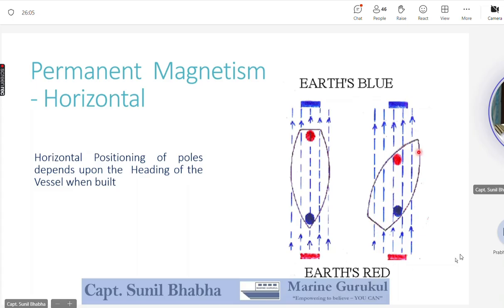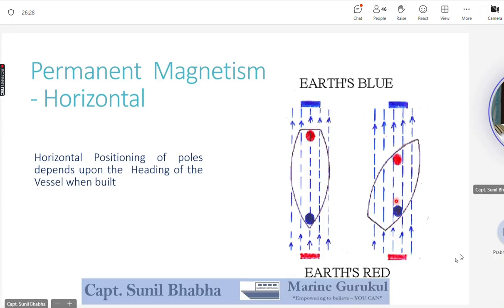But with the ship heading in the northeasterly direction, now if you look carefully, the magnetic field lines are entering into the ship structure from the starboard quarter side. So you see, starboard quarter is where the lines of force are entering, and that is where a blue pole will be acquired.